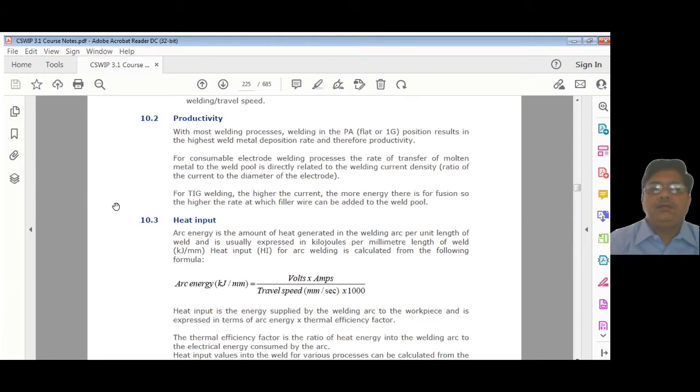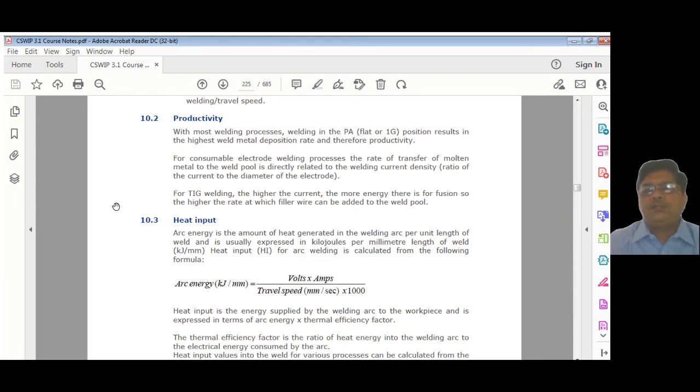For TIG welding, the higher the current, the more energy there is for fusion, so the higher the rate at which filler wire can be added to the weld pool. In the TIG process, the electrode is negative, and that is the reason it has a higher deposition rate, but because of the skill of the welder, the process is a bit slow.